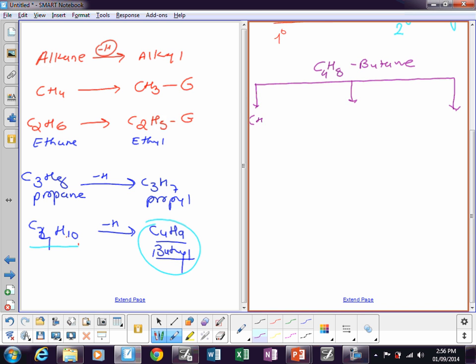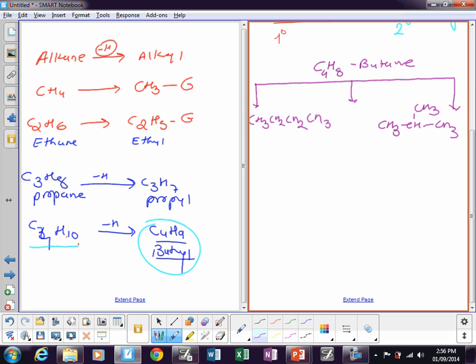This was one butane, and this is also called butane. Am I right? They are isomers of butane. One is normal butane and the second is called isobutane, or the IUPAC name says 2-methyl propane.